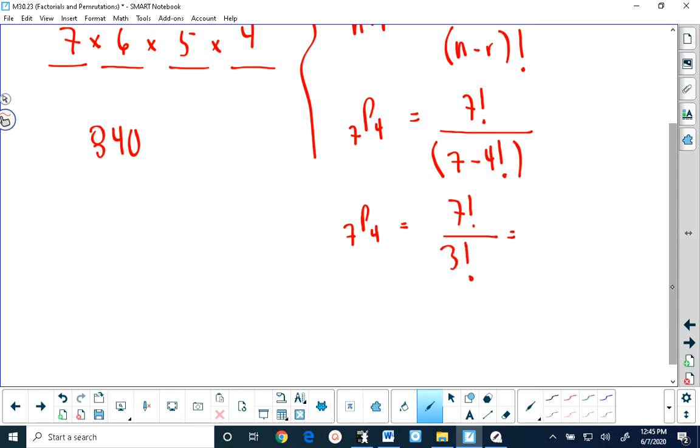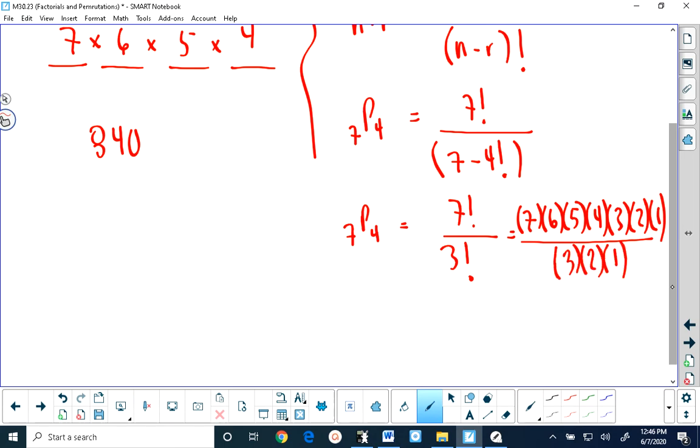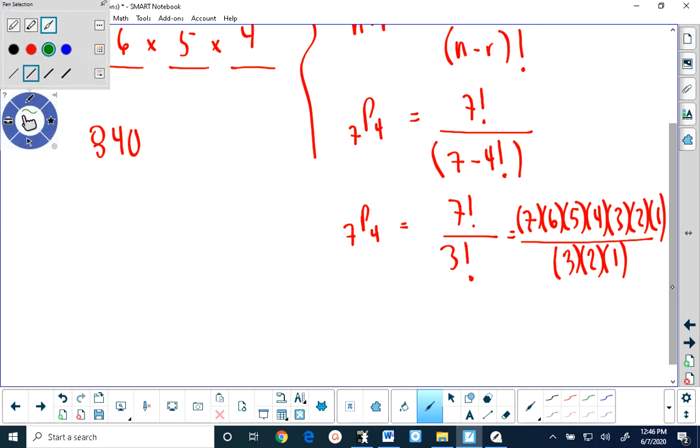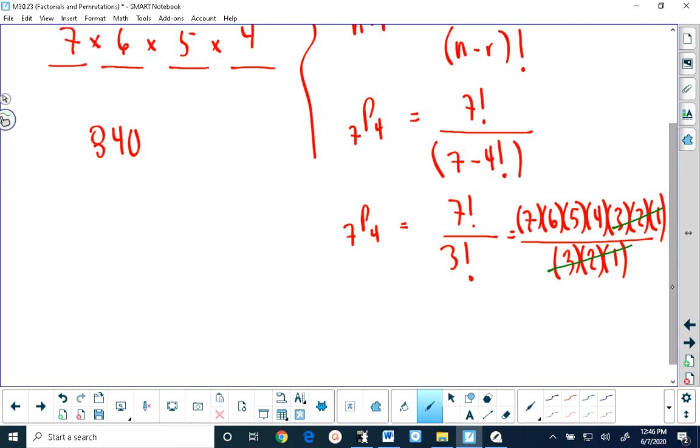But 7 factorial is 7 times 6 times 5 times 4 times 3 times 2 times 1. And on the bottom, we have 3 factorial, which is 3 times 2 times 1. We are back to the canceling of a factorial, 3 factorial, which is contained in both the numerator and the denominator. And what you're left with is 7 times 6 times 5 times 4, which again is 840.